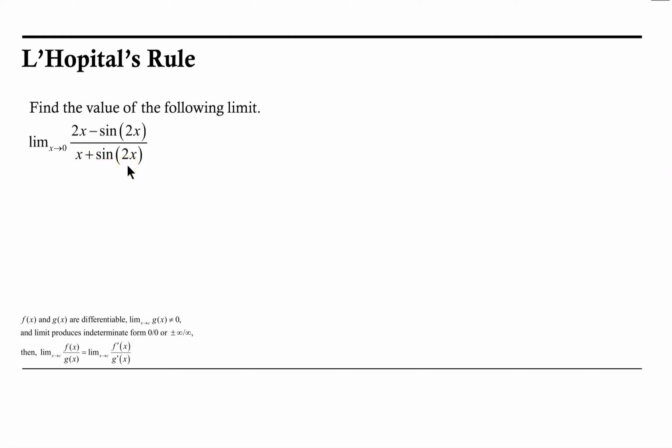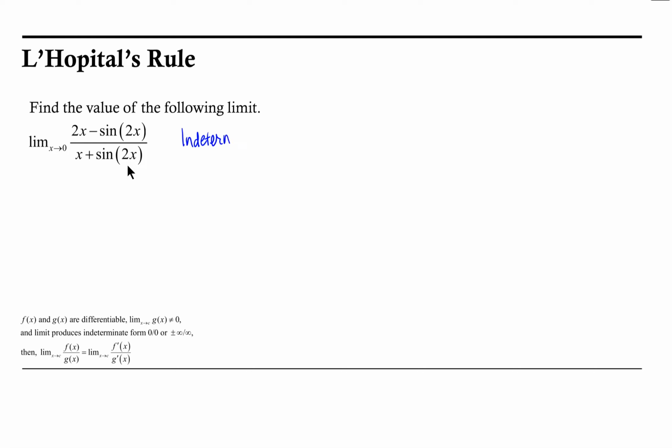Now, if I try to evaluate this limit, since it appears that we have something that might be a continuous function, what we end up with is that our numerator is 2 times 0 minus sine of 0 over 0 plus sine of 0. So our numerator and our denominator are both 0. So this is indeterminate of type 0 over 0.